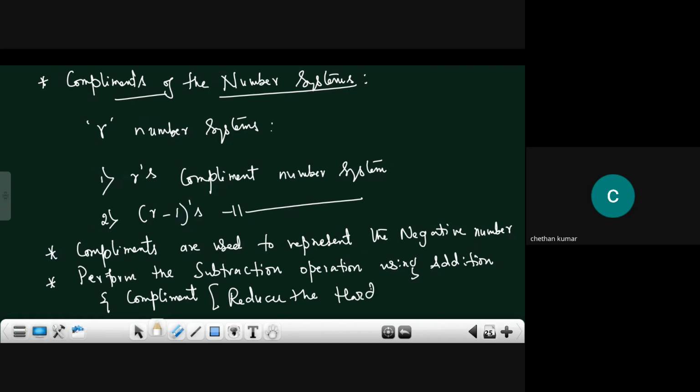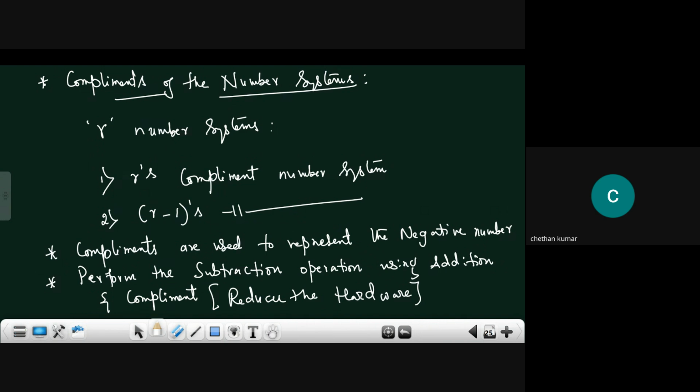Reducing the hardware, in digital vocabulary, means you are cutting down the gates. This is the mantra of a digital designer: reduce the gates as much as possible. Reducing gates indirectly means reducing transistors. More gates means more transistors.